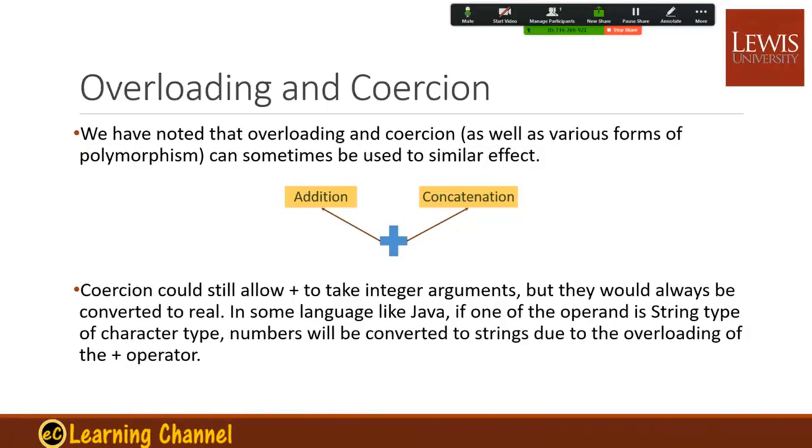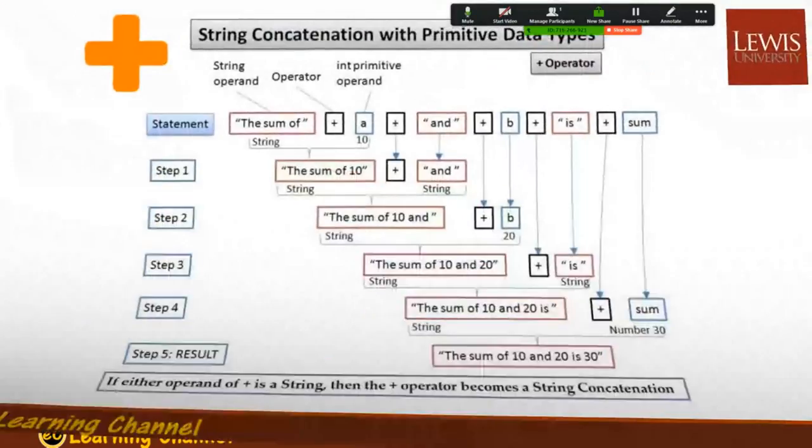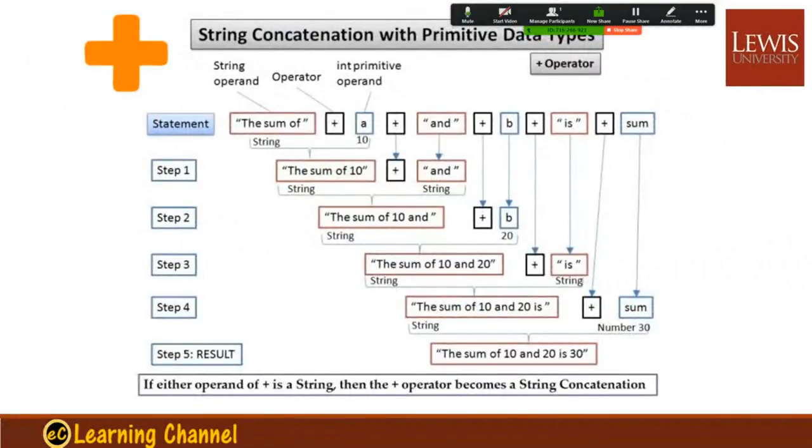In some languages like Java, if one of the operands is a string type or character type, the number will be converted to string due to the overloading of the plus sign. The plus sign is overloaded with addition or appending for strings.